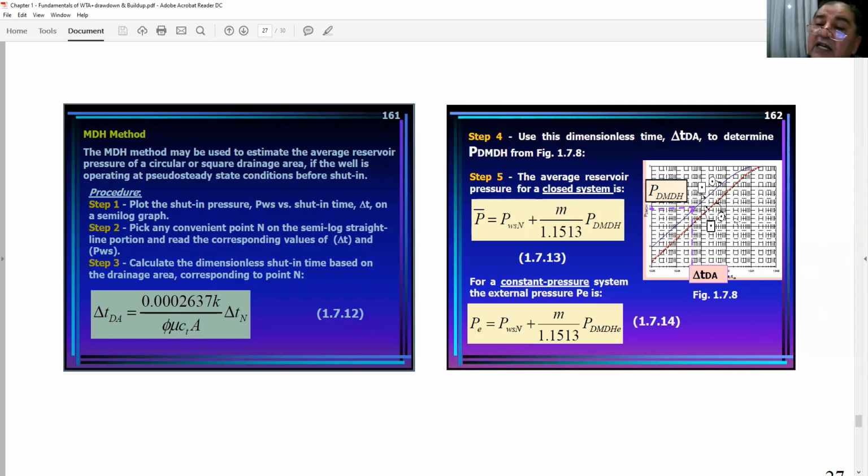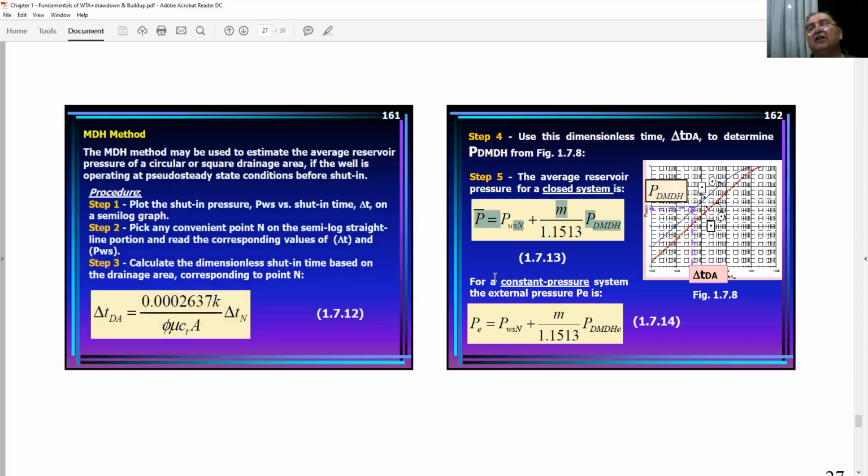The value from 178 is used either in equation 17.13 for a closed system or 17.14 for water support to calculate P average, using the pressure taken from the MDH plot. This will be very clear when we apply MDH to the same example, so I'm going to get back to the example and share it with you.